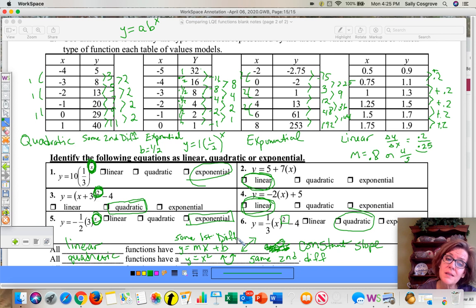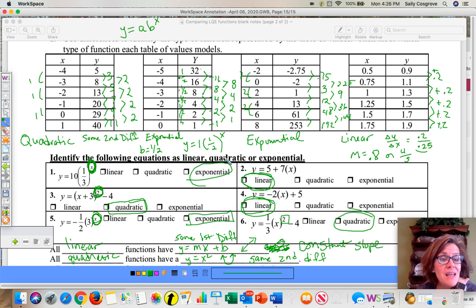And then the one that's covered up, all exponential functions have what? They have an x in the exponent spot. Their first differences aren't the same. Their second differences aren't the same. In fact, their first and second differences are usually a repeated exponential table. And what's the kicker on exponentials? Well, you go back and figure out it has a constant ratio. We're multiplying by the same number down the y values.